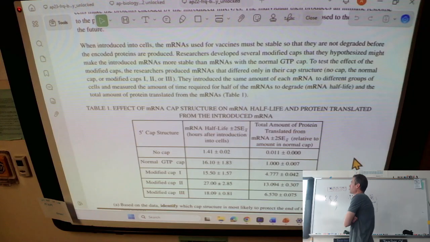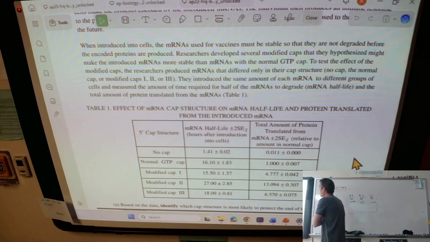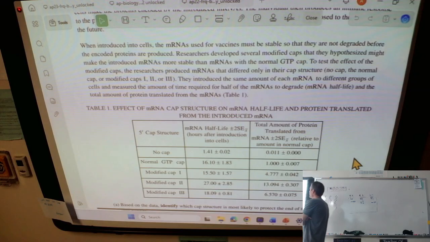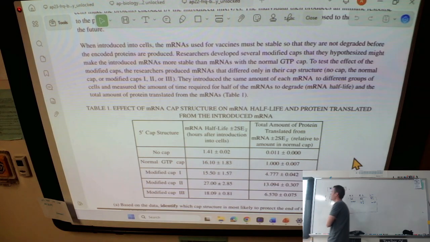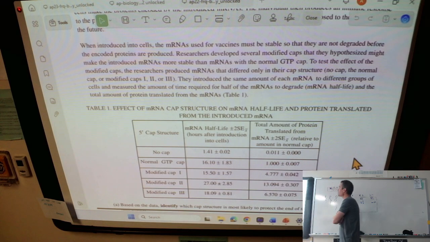When introduced in the cells, the mRNA used for the vaccines must be stable, so they are not degraded before the encoded proteins are produced. Okay, so I need it to be stable. Researchers developed several modified caps, I'm thinking 5' caps, if I'm you guys, that they hypothesized might make the introduced mRNA more stable than mRNAs with the normal GTP cap. GTP cap is the 5' cap. To test the effects of the modified caps, the researchers produced mRNAs that differed only in their cap structure.